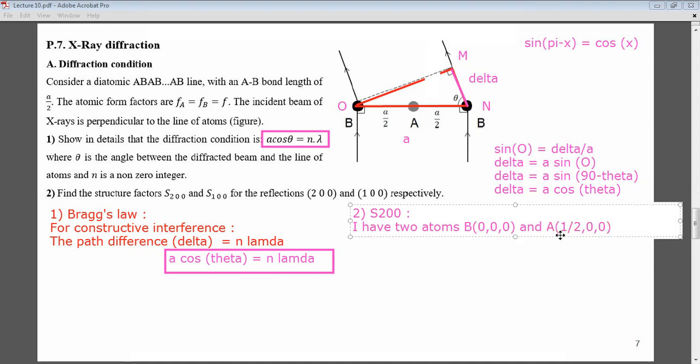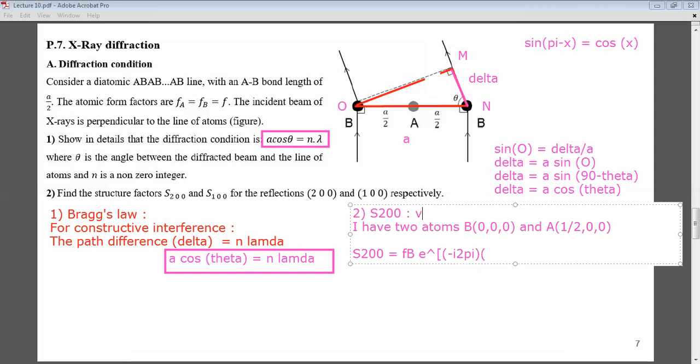To calculate this S200, I will have 2 factors. So S200 will be FB, e to the minus I 2 pi multiplied by V1, which is 2 in this case.